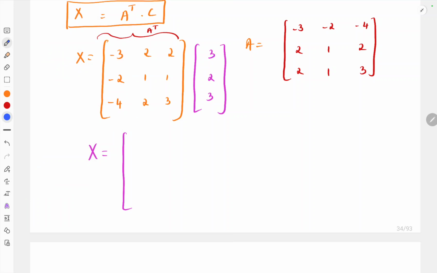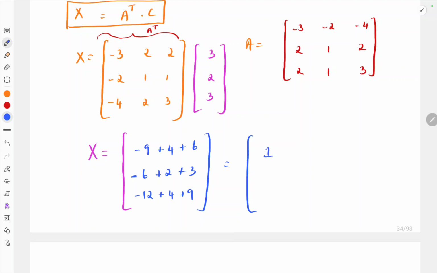Then X will be equal to, if we start multiplying, minus 3 into 3 is minus 9, plus 4, plus 3 2s are 6. Next, minus 2 into 3 is minus 6, plus 2, plus 3. Then minus 12, plus 4, plus 9. So 6 plus 4 is 10, 10 minus 9 is 1. 2 plus 3 is 5, 5 minus 6 is minus 1.